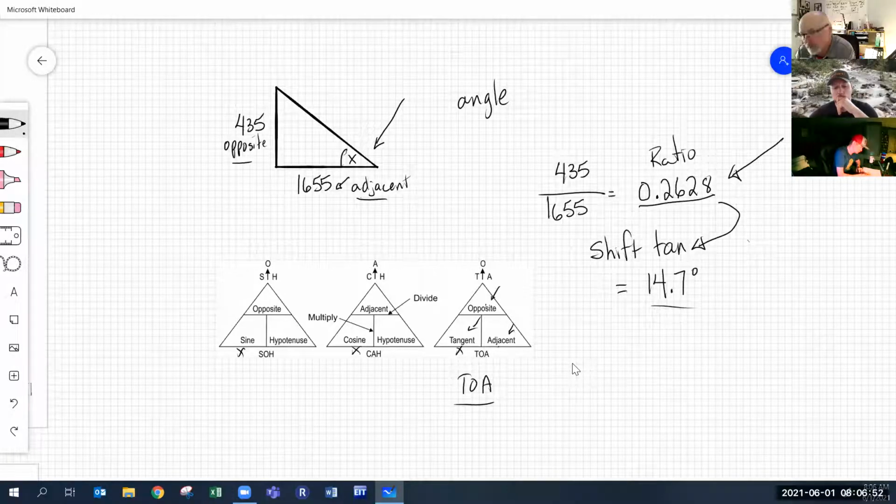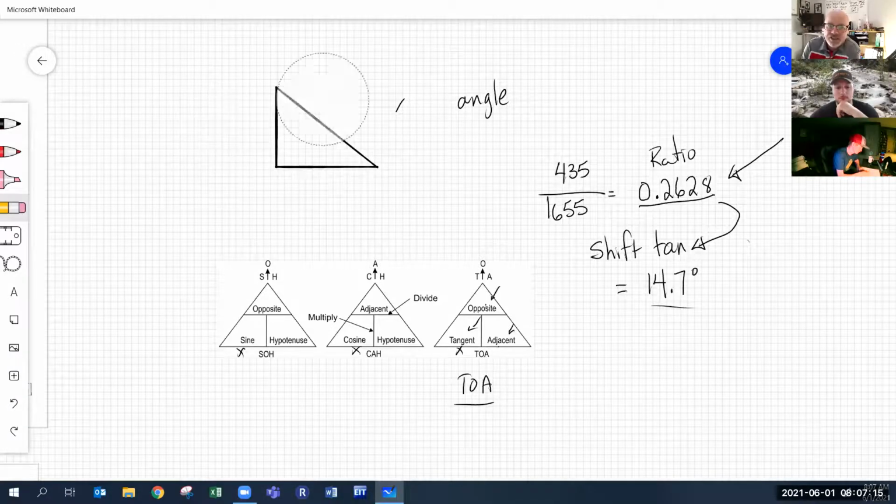Yeah, it gives me an error again. You're not using the FX-260 Solar 2 calculator, are you? Oh, no, I'm not. I'm going to grab my other one. You might not have to hit the shift button on that particular calculator. Probably already given you that.